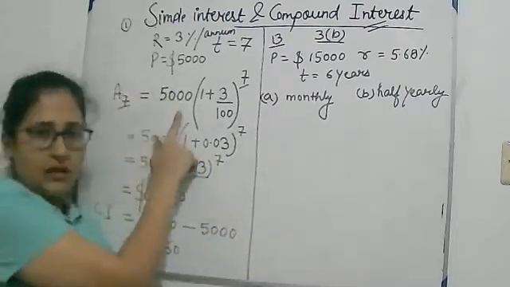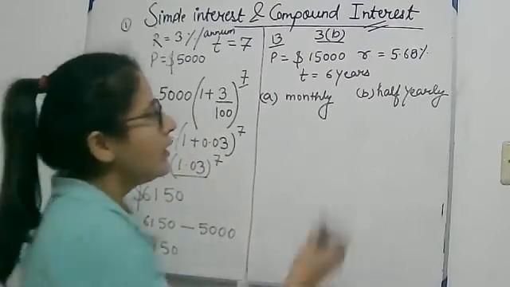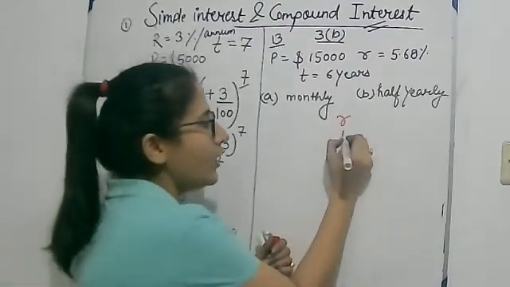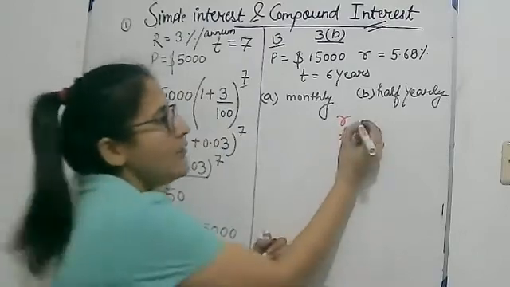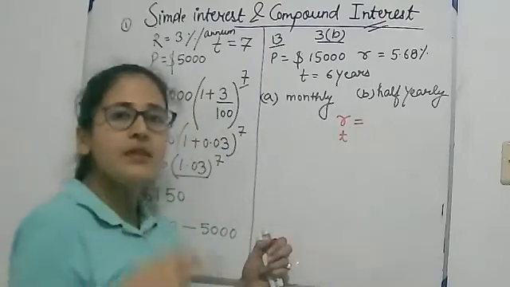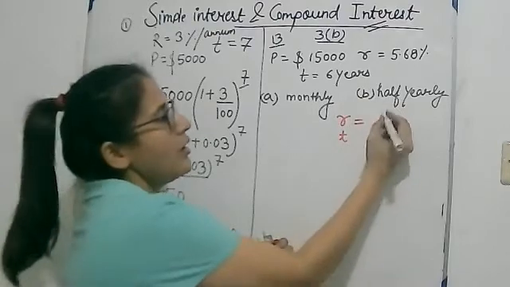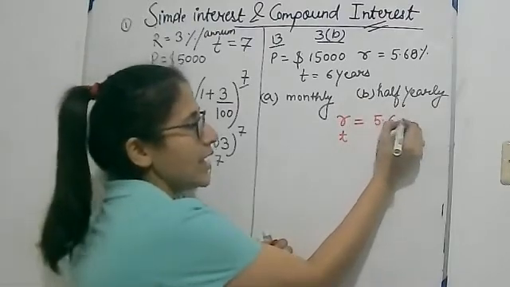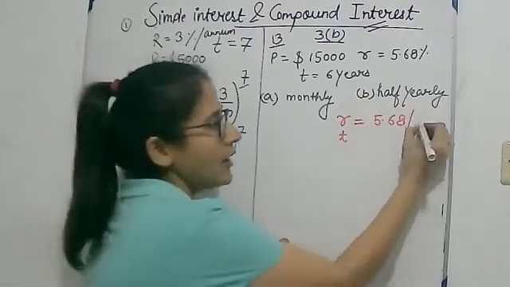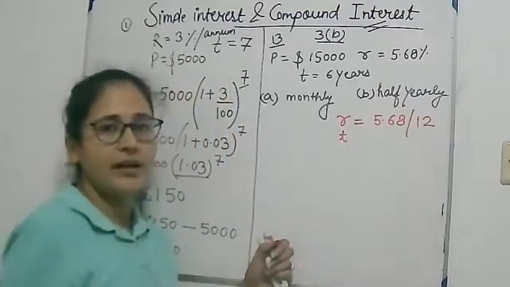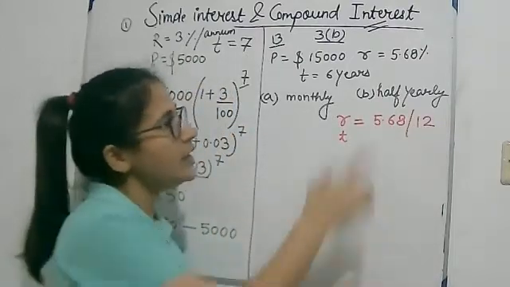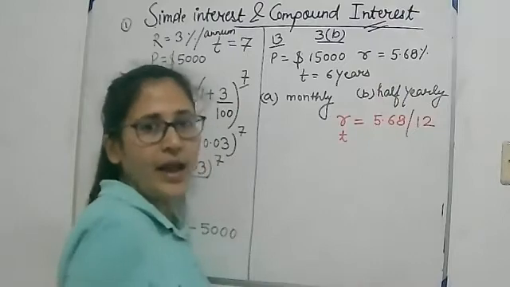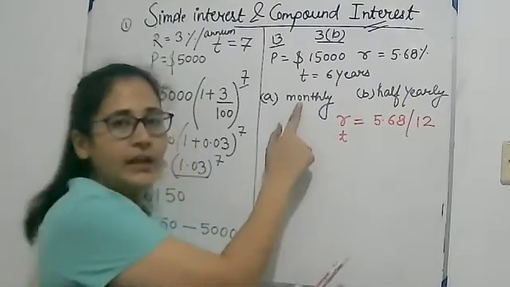We will use the same formula, but the value of rate and the value of time change. The value of rate will be per month. So it is 5.68 in 1 year, and how many months? 12, so we will divide by 12, because here it is given per annum and we have to find monthly.